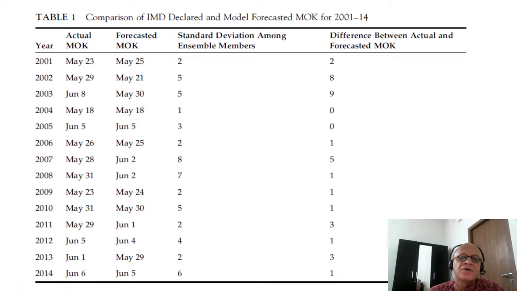As I said before, there is no systematic relation between the onset and the seasonal total rainfall, or the progression of the monsoon trough, or the number of active and break periods, and so on and so forth. For example, onset can be late and June can be deficit rainfall, but July and August can be very heavy rainfall.